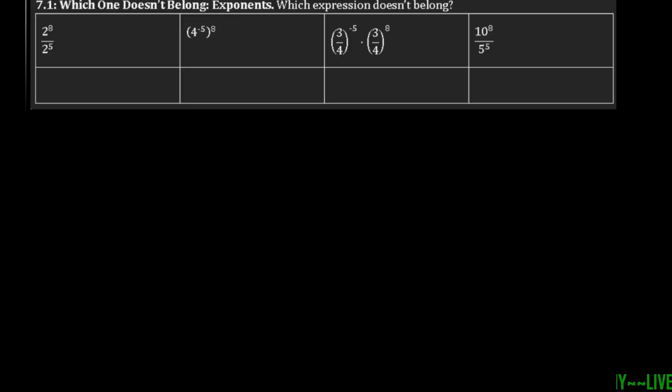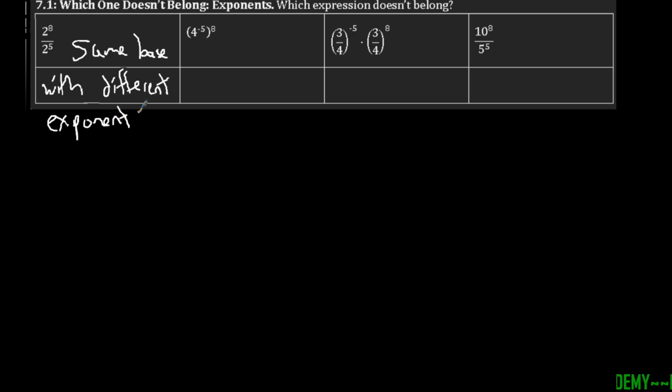So for the first part, it says which one doesn't belong with those exponents. We could say a couple different options here. We're going to say this one has the same base with different exponents. We can say the second one doesn't belong because it's the only one with a single power of a power, meaning we're multiplying those exponents together.